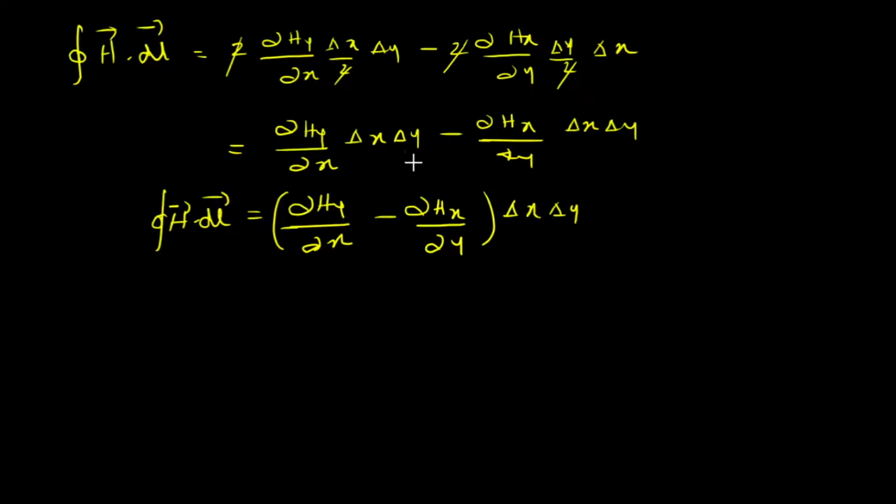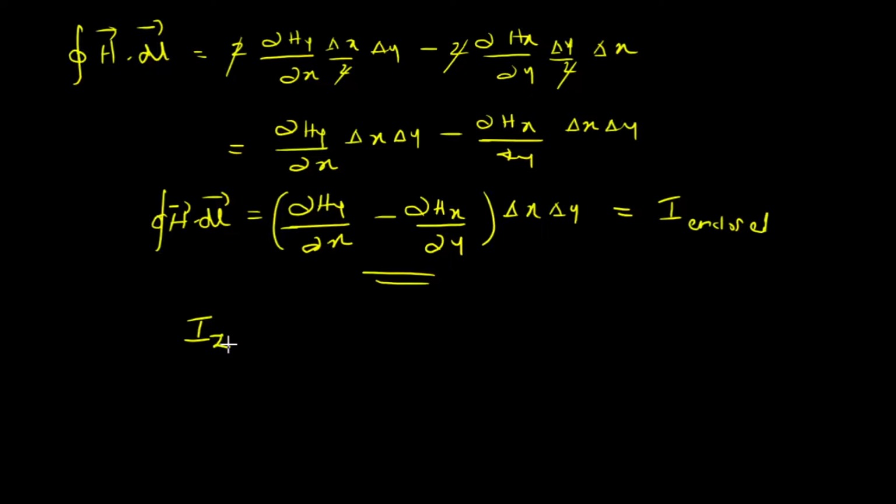Now, why have I calculated the closed integral H dot dl? I have already told you that my intention was to relate it with Ampere's circuital law. As per Ampere's circuital law, the closed integral H dot dl is equal to the current enclosed, I enclosed. In this case, if you refer to the figure, the current enclosed is treated as Iz.